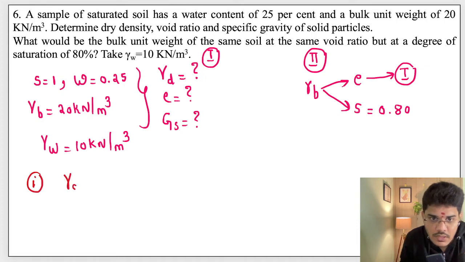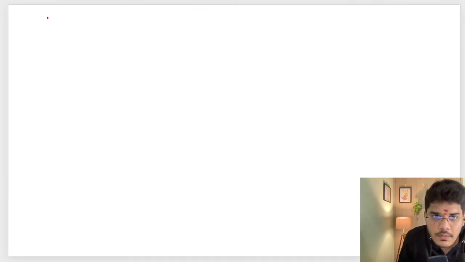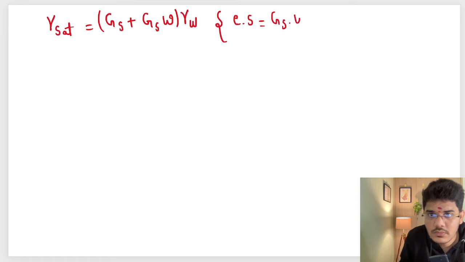So we know that gamma sat is equal to (Gs plus Se) into gamma w by 1 plus e. So we will write gamma sat is equal to Gs plus, in place of Se we can write Gs w, since e into S is equal to Gs into w.